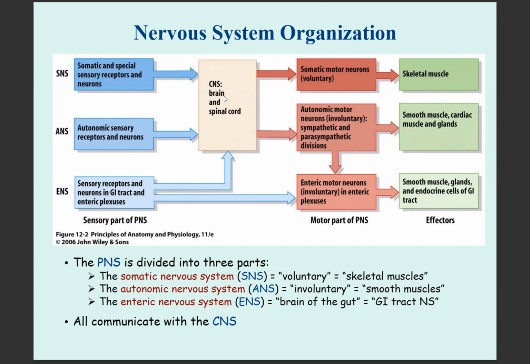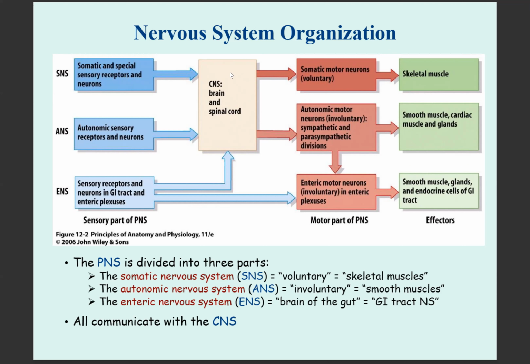But then the autonomic sensory nervous system can also relate with the central nervous system, where we look at the information that comes from the body organs, such as the visceral organs, such as the kidney, the intestines, the lungs, and all those things.